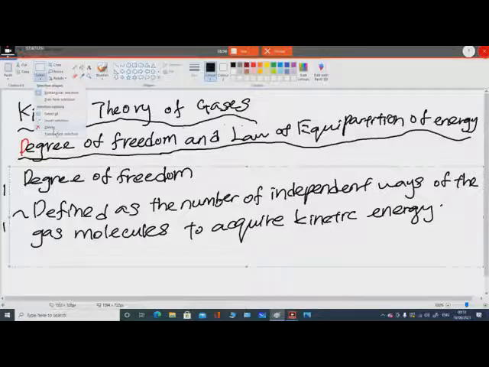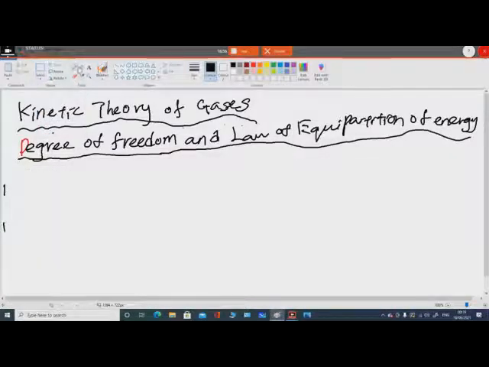Alright, we are still in the part of degree of freedom. There are three types of motion that can be described for the gas molecules.